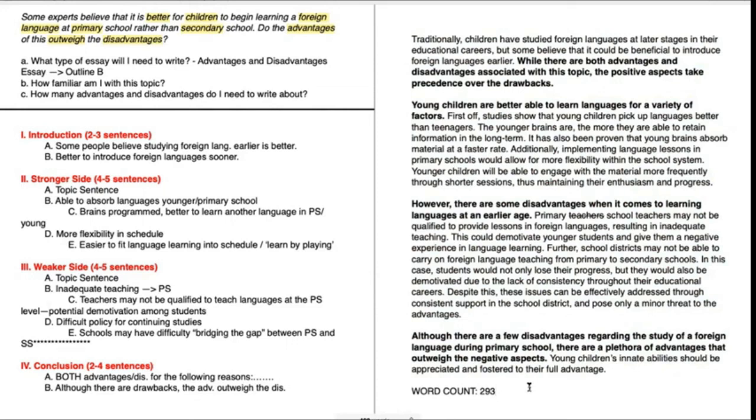If you're really passionate about a topic, like I am passionate about this topic, you might find yourself wanting to write more, but just make sure that you stick to the task at hand. And that's definitely what we've done. We've talked about the stronger side, the weaker side, and how the advantages outweigh the disadvantages. Great job. Notice how we used the modals.